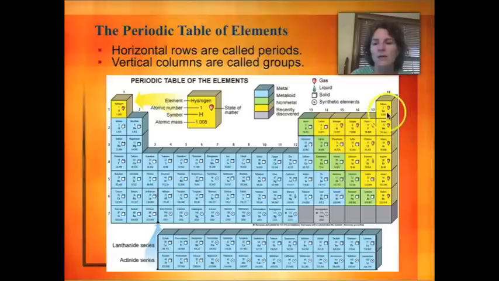One of those relationships is that the group of elements located on the far side of the table are your noble gases. Some of the other information that they typically want you to pull out in a chemistry class is that your metals are any of these in the blue, and so on and so forth.